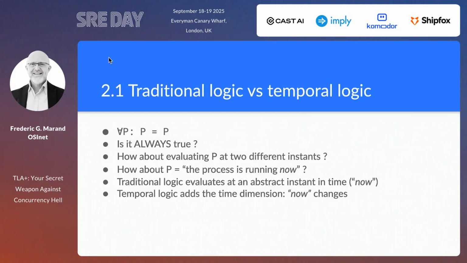So traditional logic evaluates everything in an instant, an abstract instant which is never defined. And temporal logic, like the temporal logic of actions, which is the name of TLA, adds that temporal dimension to everything you are doing.